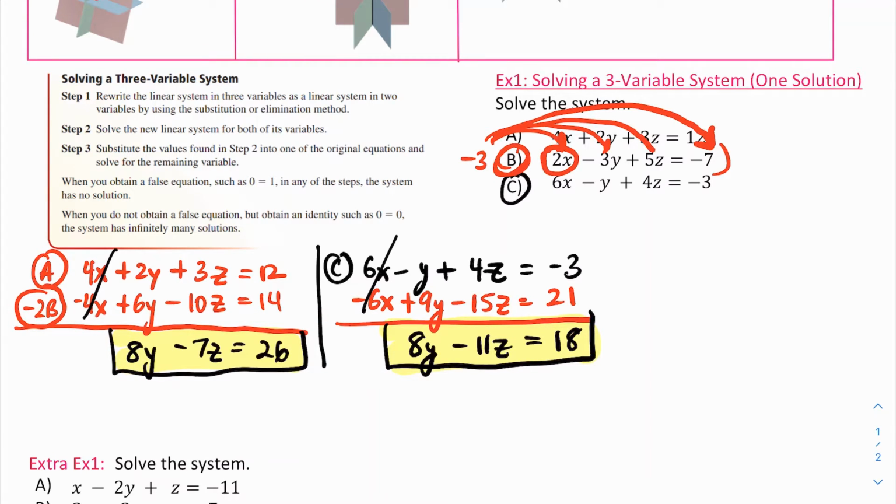and you're lucky in this case because there's an 8y in this one and an 8y in this one. So we can add those two equations together and the 8y will cancel as long as we multiply one of them by -1. So I'm going to write both equations over here on the side. I have 8y minus 7z equals 26.